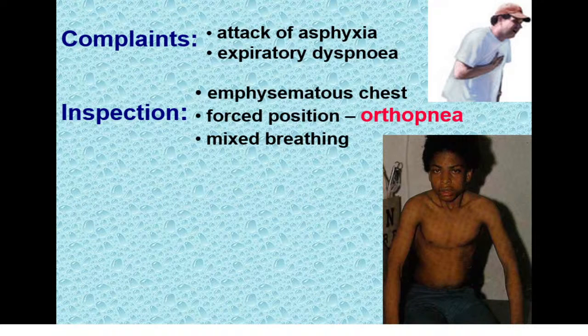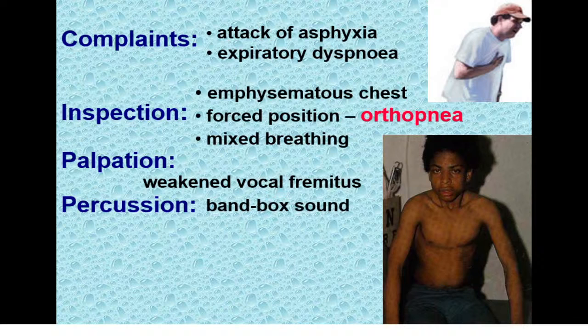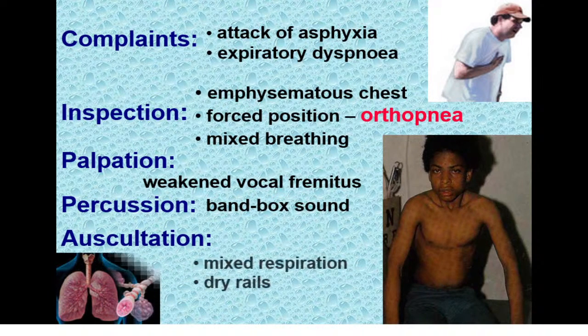progressive distension of the lung, because the patient actively inhales but difficultly exhales and dead space increases, a specific emphysematous chest will be formed. On palpation, there will be weakened vocal fremitus, on percussion, bandbox sound, on auscultation, mixed respiration and diffuse dry rales over the whole chest.